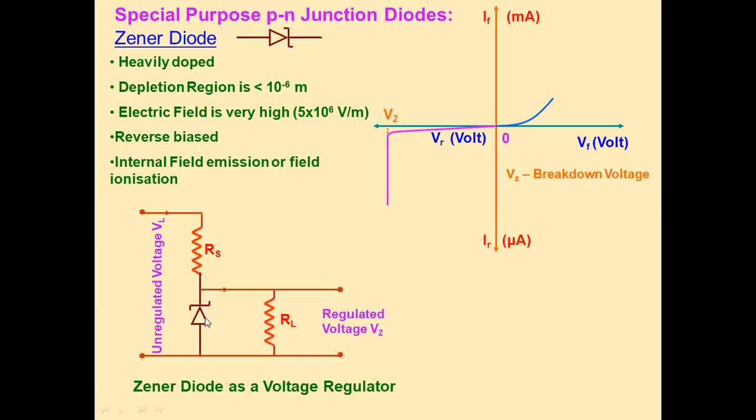So I is equal to Iz, the current through the Zener diode, plus IL, the current through the load resistance. So this is a special purpose junction diode known as Zener diode, and it is always connected in reverse biasing as a voltage regulator.